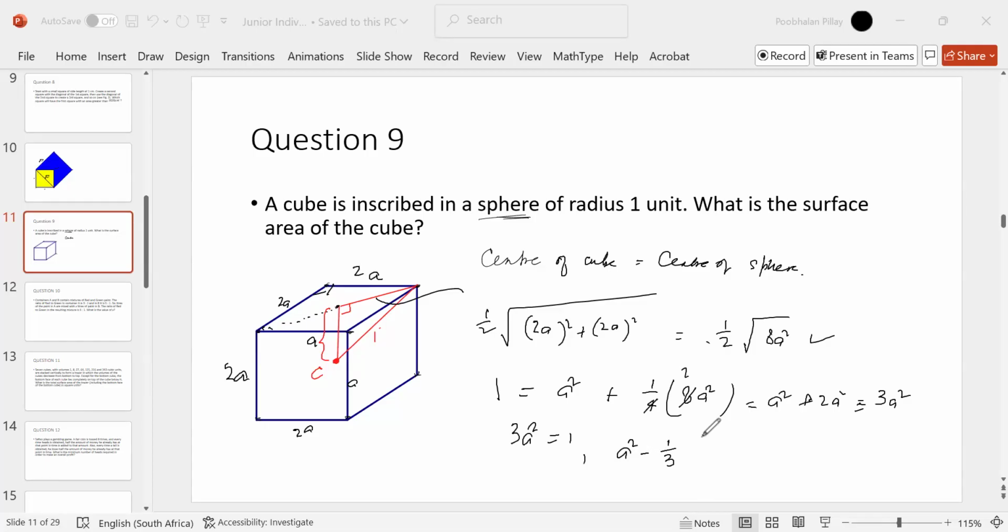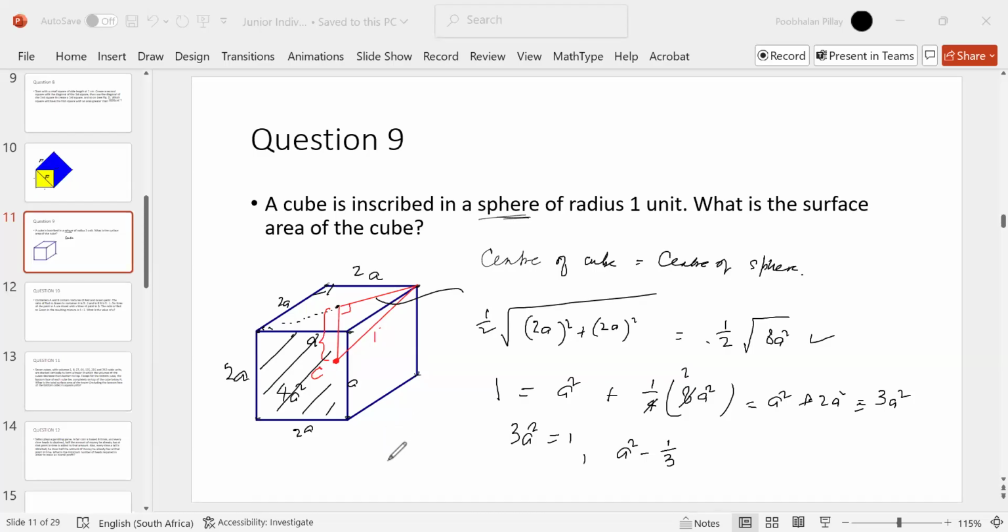Right. We're still not there because the question is, what is the surface area of the cube? Now, the area of each face is 2A times 2A. That area is 4A squared. The area of a square is side squared. But there are 6 faces altogether. So the surface area is the total area of the 6 faces.